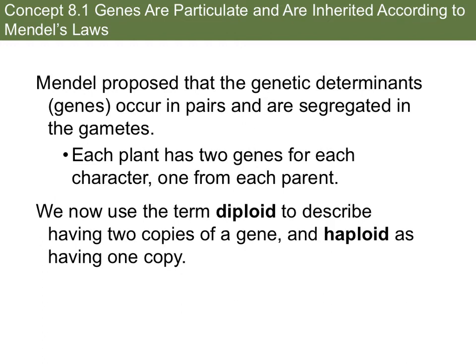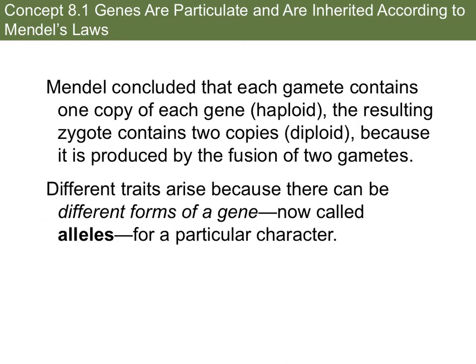Mendel proposed that genetic determinants, which we now call genes, occur in pairs and are segregated into gametes. Each plant has 2 genes for each character, one from each parent. We now use the term diploid to describe having 2 copies of the gene, and haploid as having 1 copy of the gene.